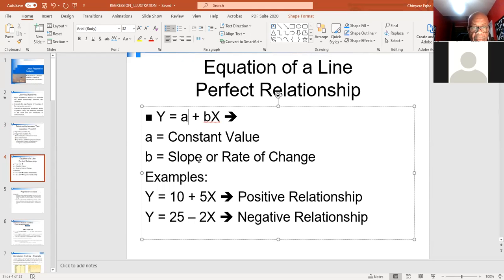And so b is the slope, and that slope is a rate of change, which is to say, when x increases by 1, then y will increase by b.